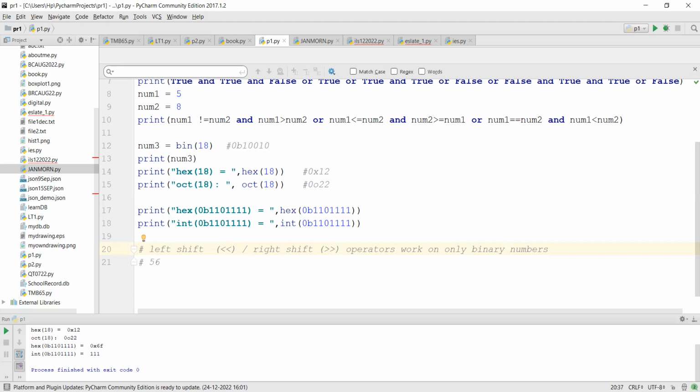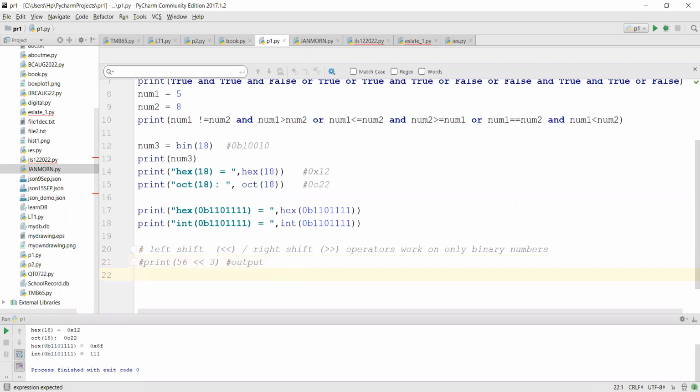Now, let's say I give print 56 left shift 3. What do you think the output will be? See here, I told you left shift works on binary. So what is the binary value of 56?